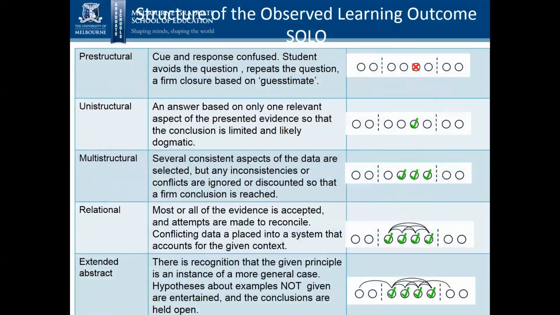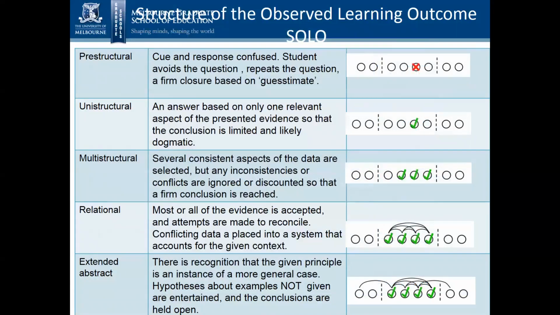SOLO stands for Structure of Observed Learning Outcomes. This has been developed by Biggs and Collis, and the focus is on the quality of the organisation and complexity of student responses. SOLO was formed by analysing the basis for discriminating between responses of different quality. SOLO analyses student responses to tasks.